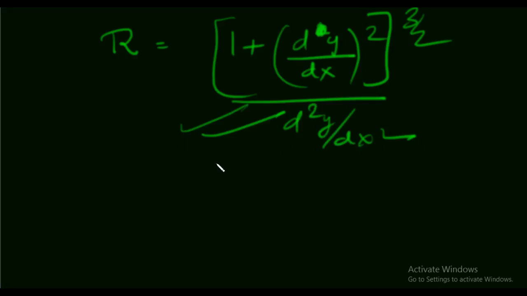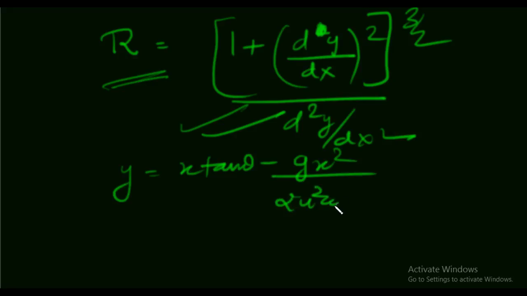This holds for any two dimensional curve, of course. So now they ask you to find the radius of curvature of this projectile, for example x tan theta minus g x square by 2u square cos square theta.